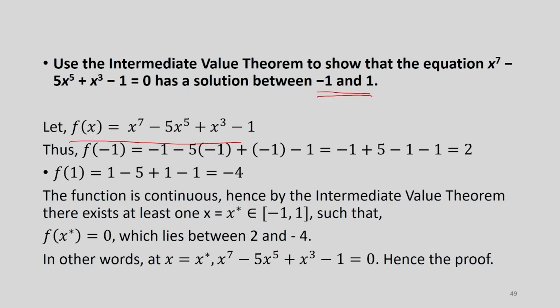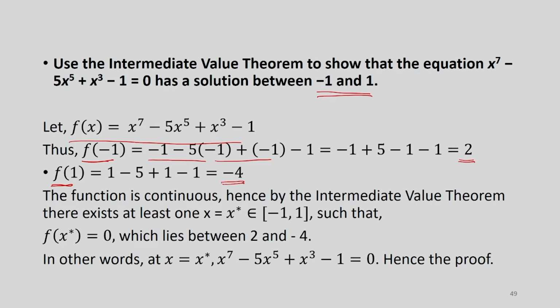So, we evaluate this function at these two endpoints. Endpoints are minus 1 and 1. I evaluate this function at the point x is equal to minus 1 and this turns out to be 2. And similarly, at the other endpoint, that is x is equal to 1, the value of the function turns out to be minus 4.